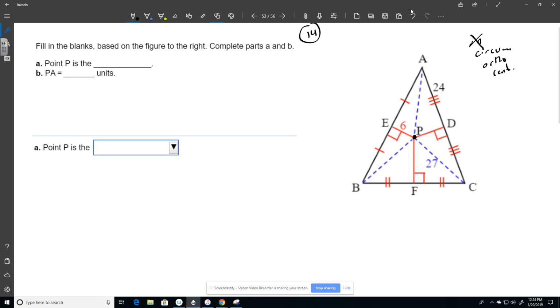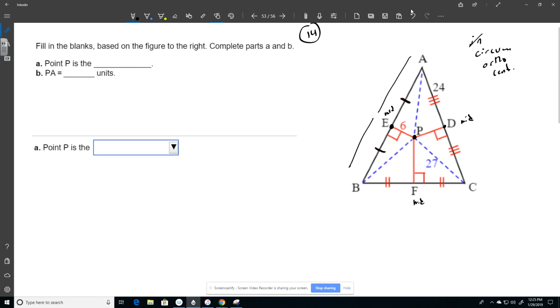But I do know, looking at the picture, that this line and this line mean that this piece right here, EB, is the same as AE. So that means that E is a midpoint. And I also know that these two pieces are the same. So that means that D is a midpoint and F is a midpoint. Well, the circumcenter uses the midpoint.